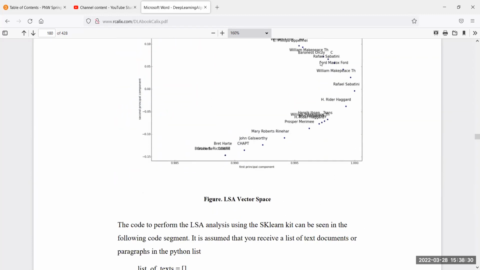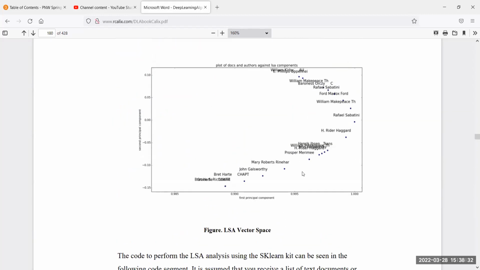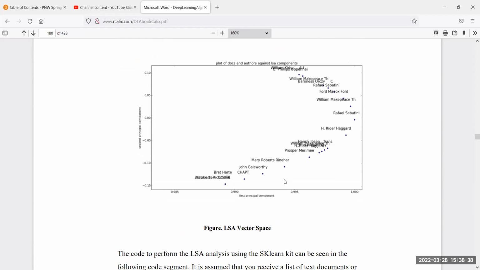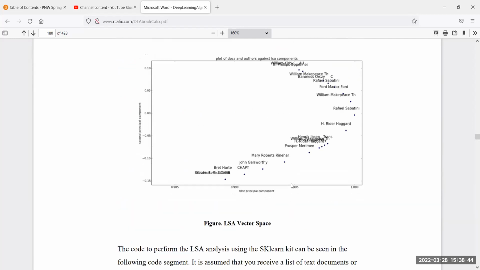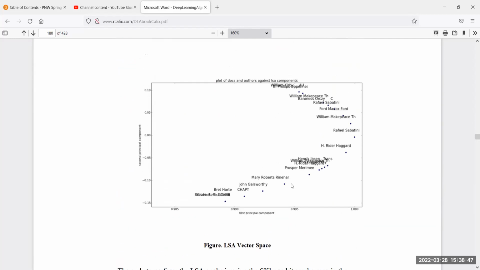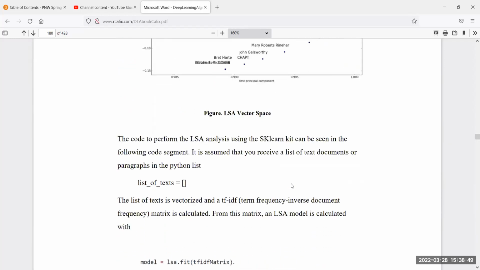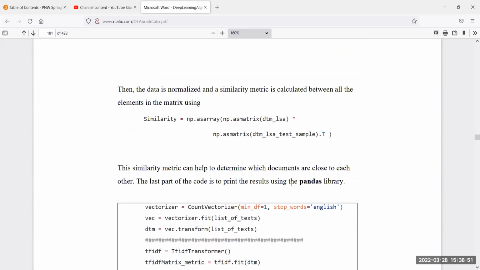It's a nice one. Basically the idea is putting things in a space and then calculating distances. This example should show similar authors in this compressed space, I believe.